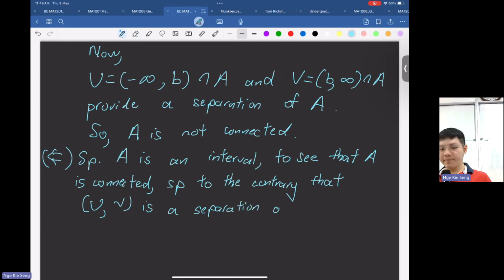Because they are non-empty, I can pick one element from U, little u from U, and little v from V.